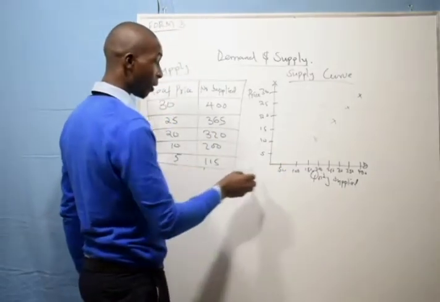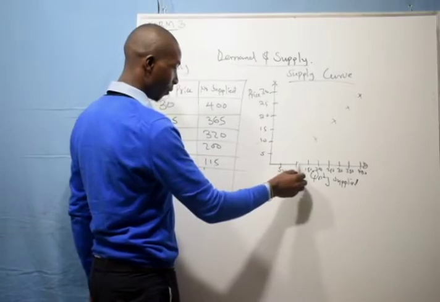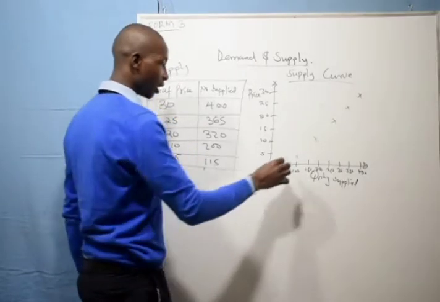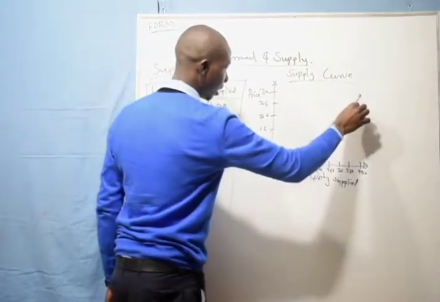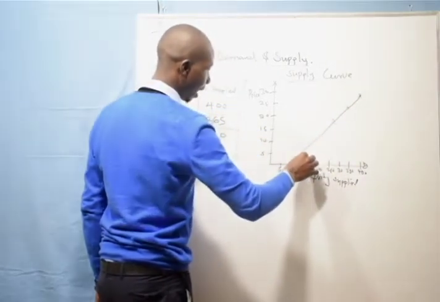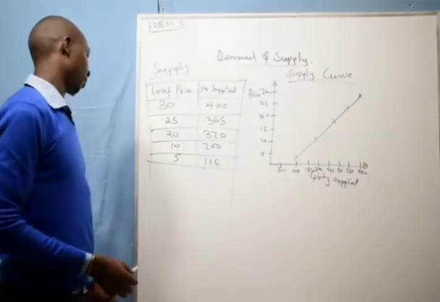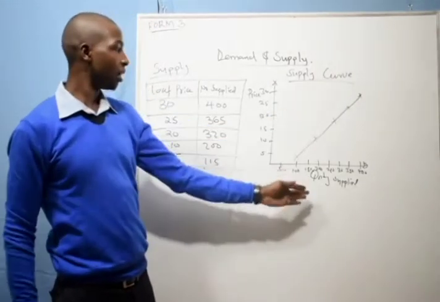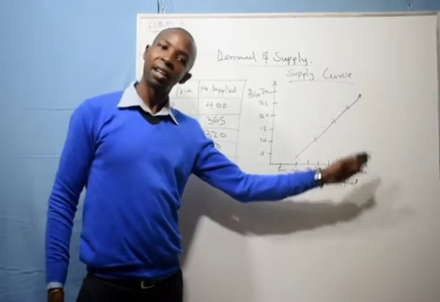And what about 5? 5 is 115, somewhere here. If we draw this curve, we find that it slopes from left to right. This shows us that the higher the price, the higher the supply.